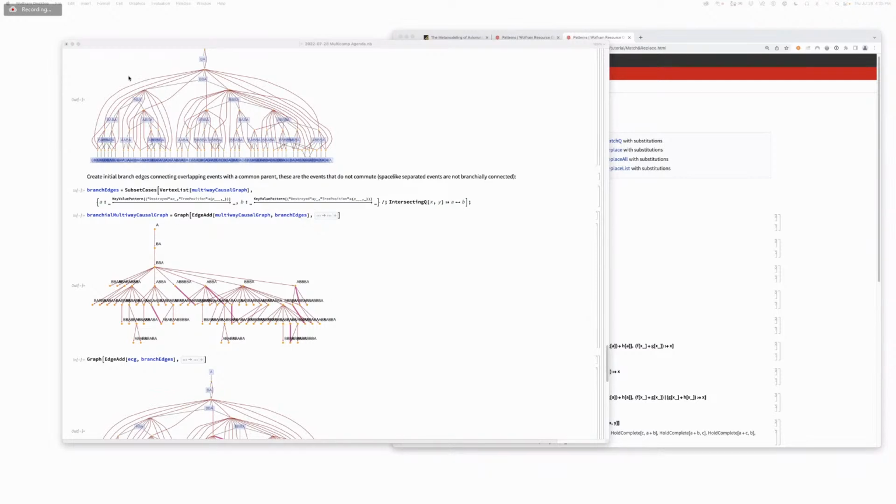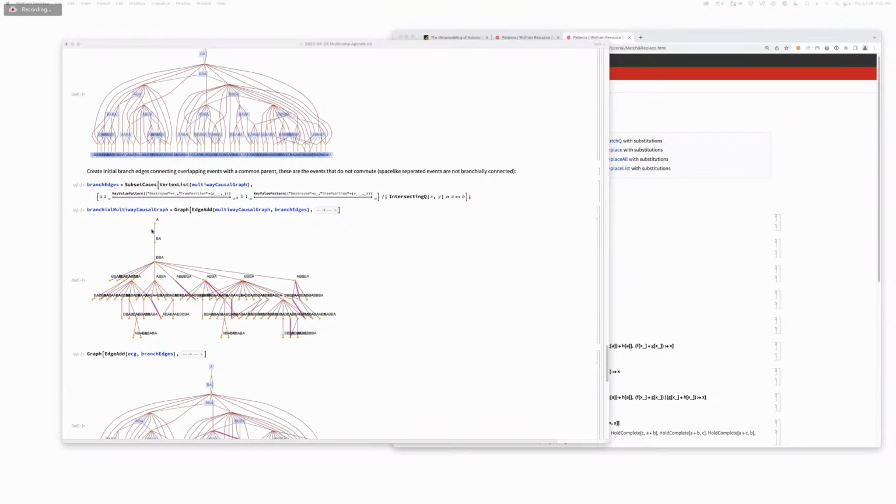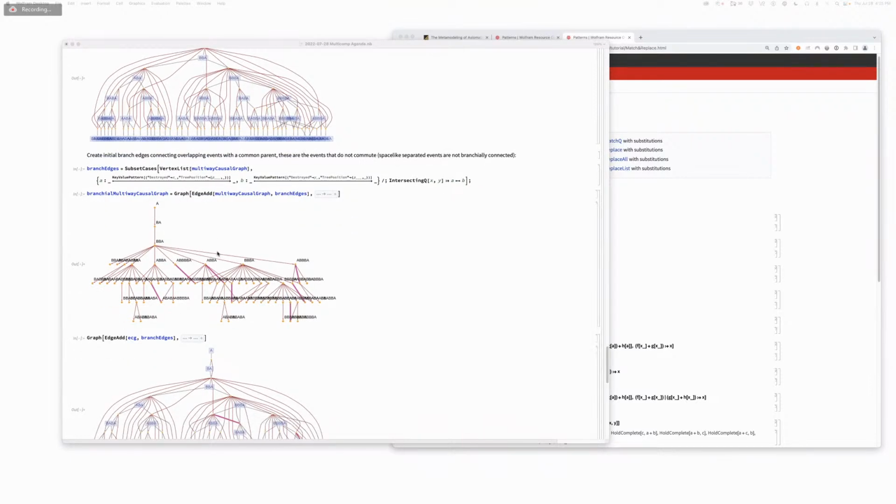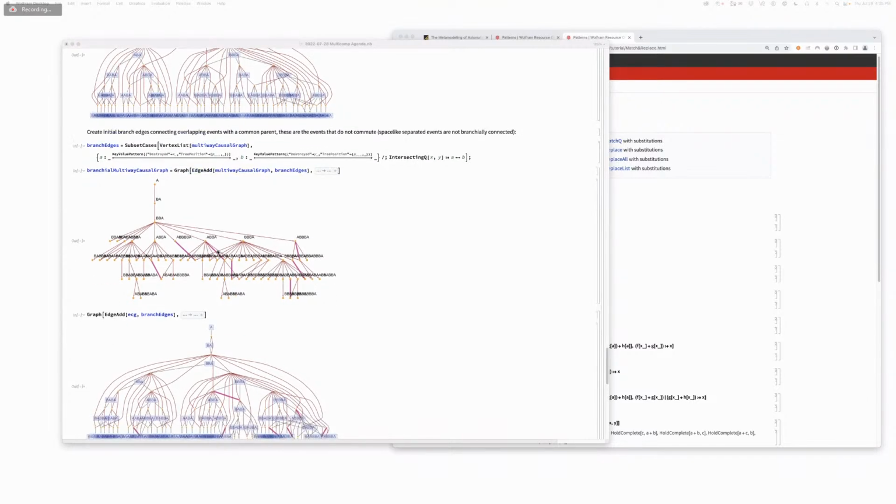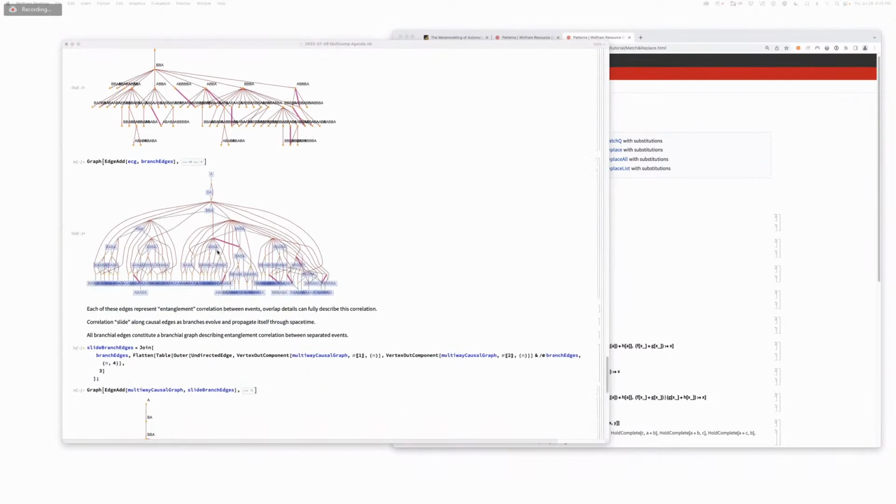Right. And is this a pruned version of this graph somehow? Well, one of them only contains events and another one has states too. I see. So this is annotating which events are branch-like separated.